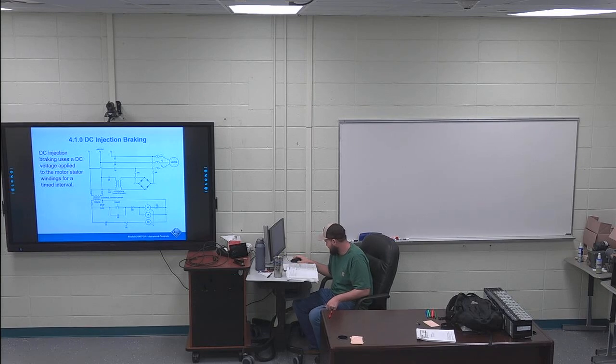I do have the second bullet point on the right hand side of page 35 highlighted. Simultaneously, timing relay TR. So your timing relay TR right here is de-energized, closing its normally open, timed open, normally open, timed open contacts.